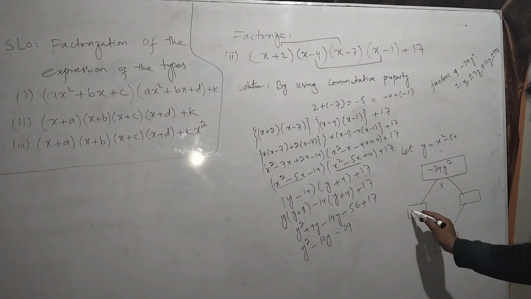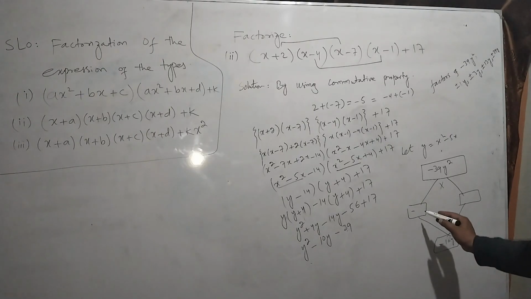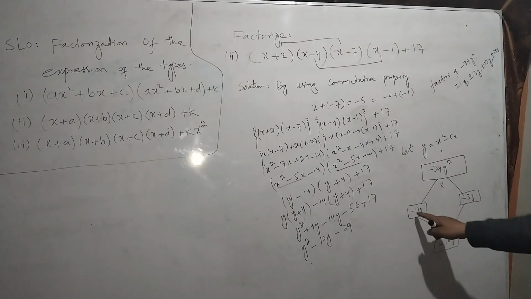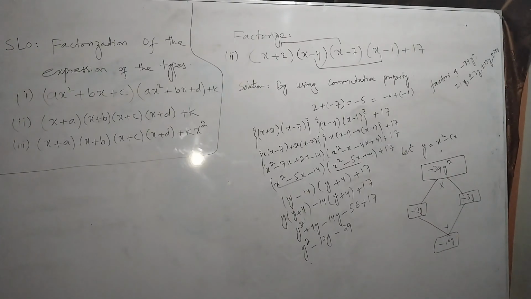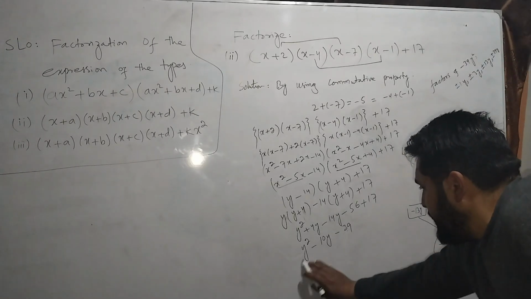So we take, let's see, minus 13y and plus 3y. If we multiply these two, our result is minus 39y square. If we add these two, our result is minus 10y. So we use these two factors here.